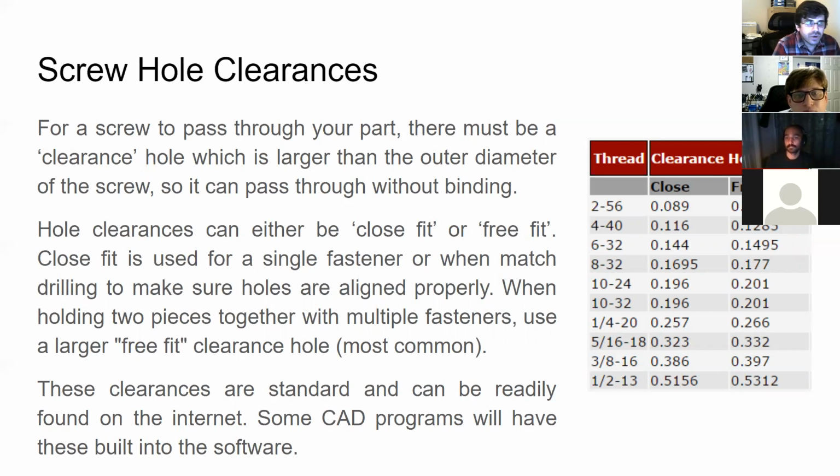Typically, free is what we want to use. There might even be an option for an even looser fitting clearance hole. And we can always use washers under the screw heads to make sure that the screw head doesn't get stuck in the hole, which shouldn't happen anyways, but washers distribute the load anyways.